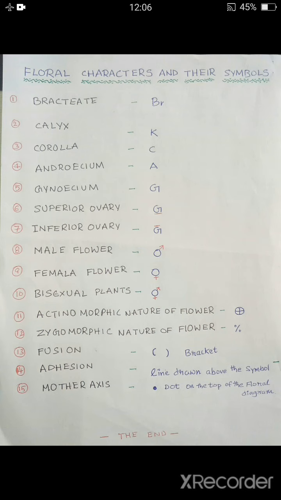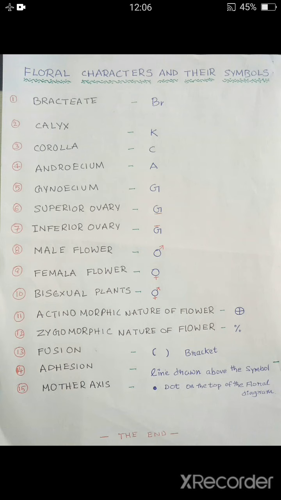Understood? So corolla is indicated with capital C. Next, the third main reproductive part of the flower, androecium, is indicated with capital A. Next, the fourth or inner reproductive part of the flower, gynoecium, is indicated with capital G. Next, I would like to give you one small recap here.